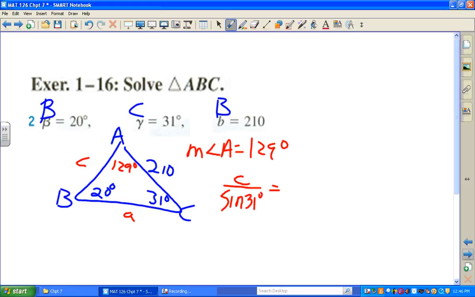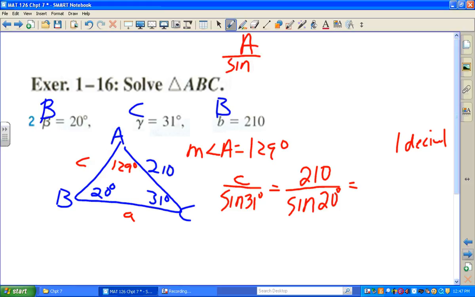equals 210 over the sine of 20 degrees. See, all you have to do is take the sine of 31 times 210 divided by the sine of 20. Usually go to one decimal place. Does everybody know that you can write a over sine of A, b over sine of B, c over sine of C?